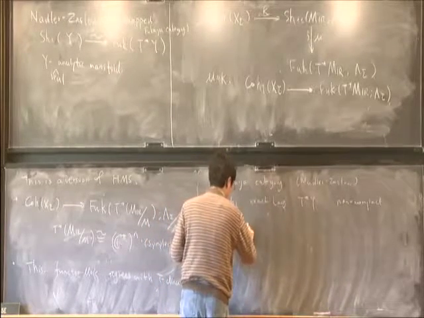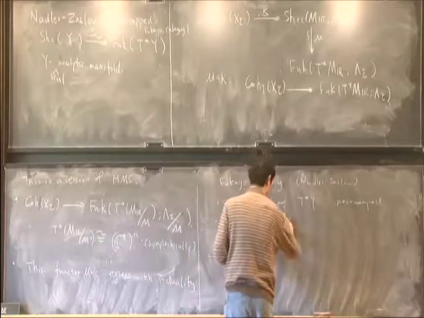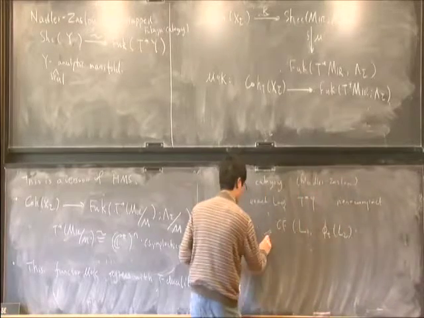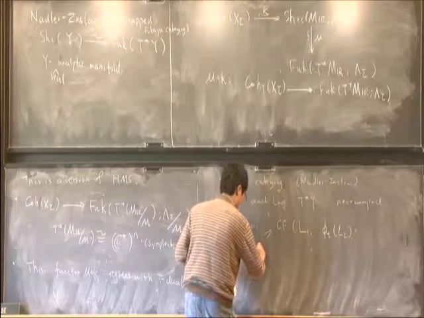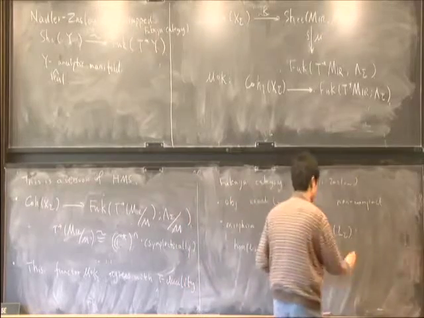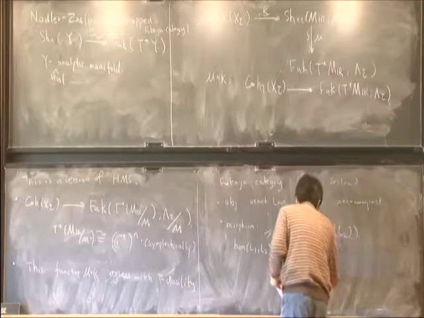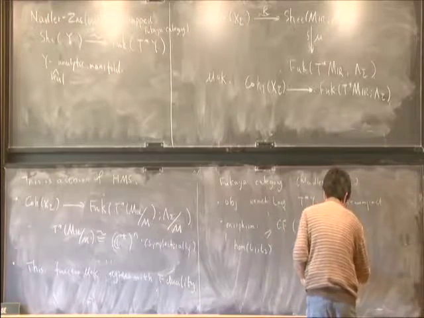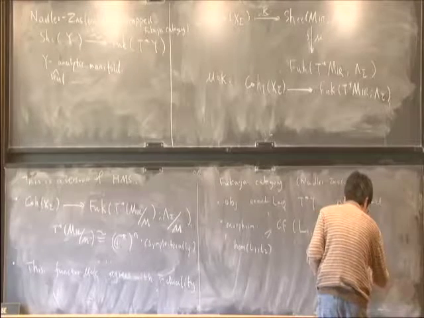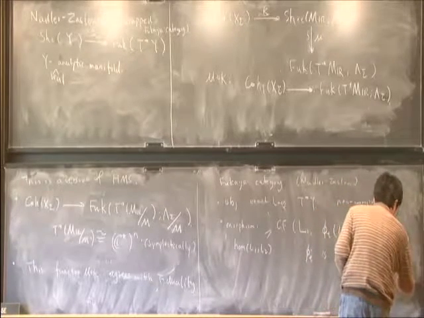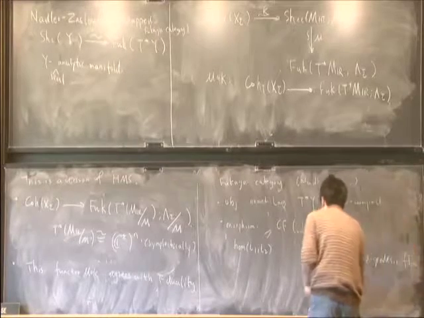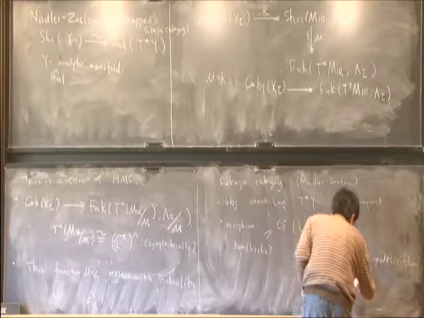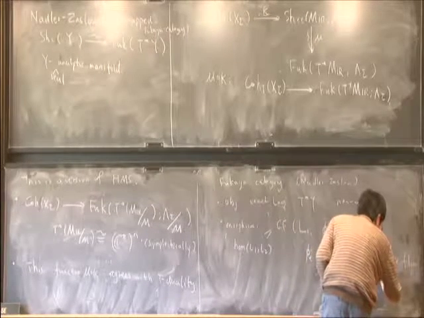What I want to say is that it's unwrapped because the morphism is Hom of L1 to L2, that is, the intersection of L1 and phi t L2, where this little phi t is a normalized geodesic flow outside the compact part.